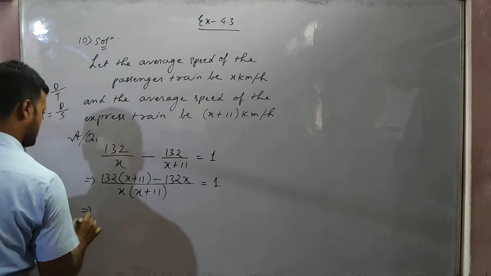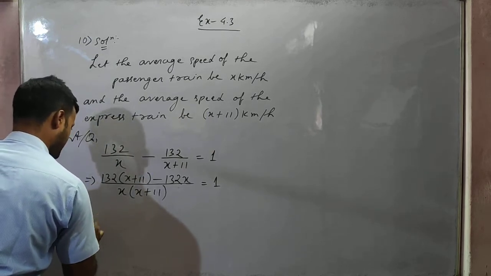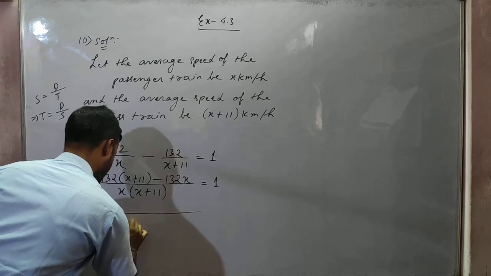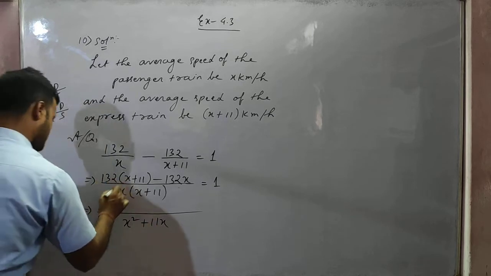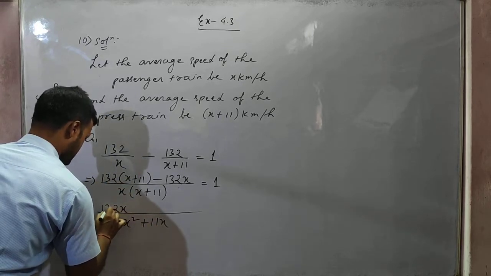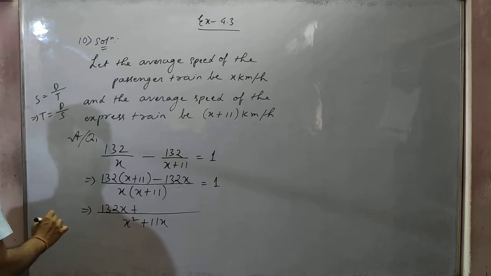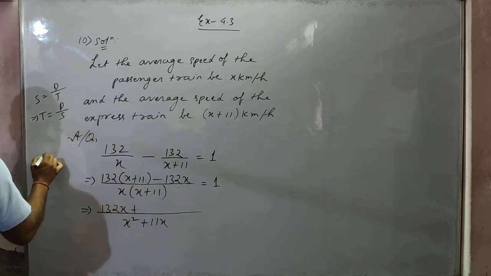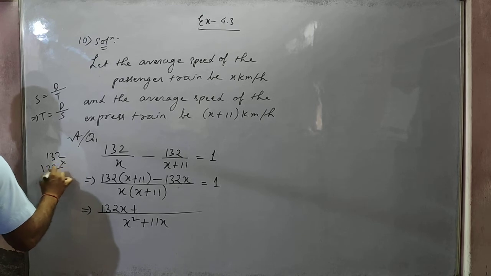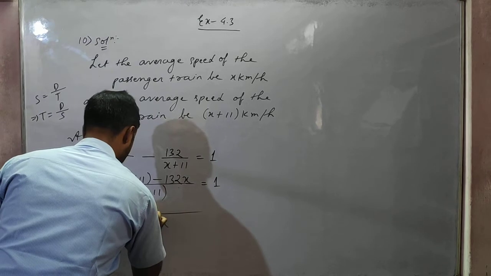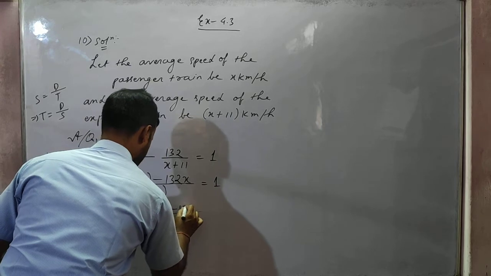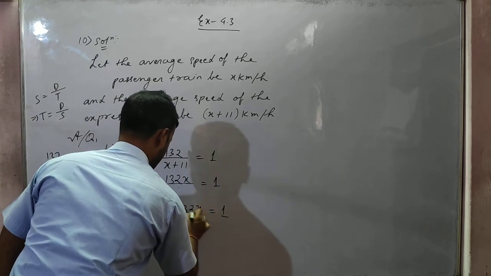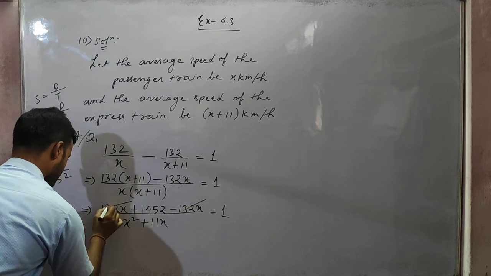So now below we will get x square plus 11x. 132x plus 1452 minus 132x equal to 1 into the LCM.